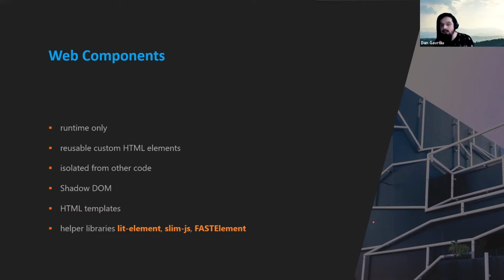One aspect that is a little bit more relevant with regards to developing web components is that from the base specification that the browsers support, you end up with a lot of code that you need to define in order to set up a web component, which is why there are a couple of libraries out there that you could use if needed and if you prefer, that could help things along.